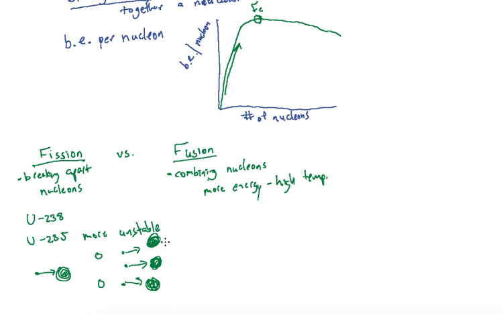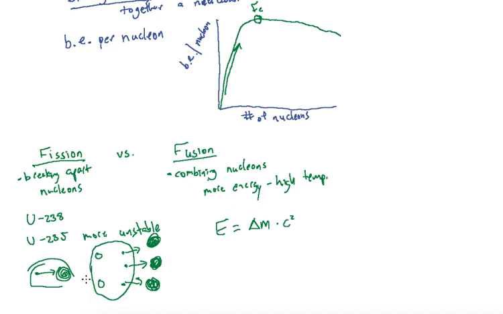Now, how much energy do you actually get from this? This again goes back to E equals mc squared, and what we're interested in is not just mc squared, but the change in mass times the speed of light squared. So you'd look and see what was the mass of your products, versus what's the mass of what got produced.